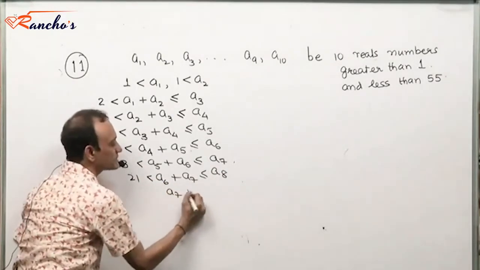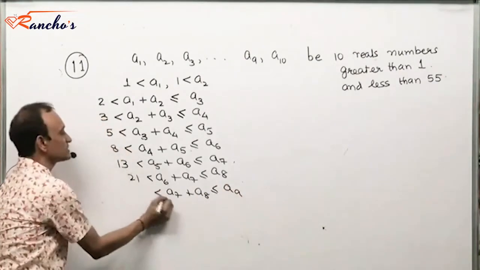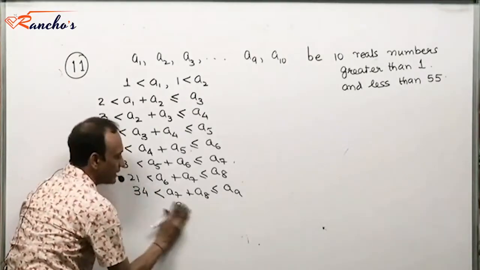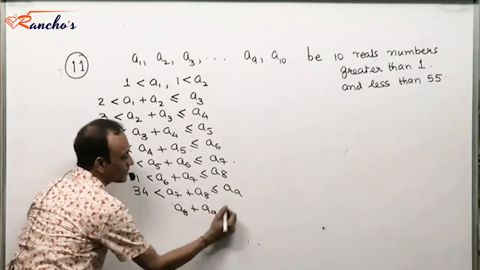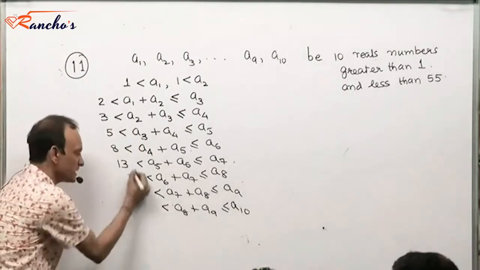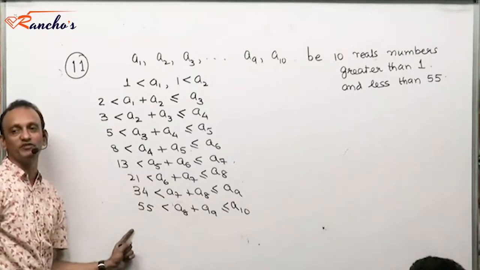And A7 plus A8 less than or equal to A9. This is greater than similarly 34. And A8 plus A9 less than or equal to A10, which then will be greater than 55, as you see the trend. A10 then turns out to be greater than 55.